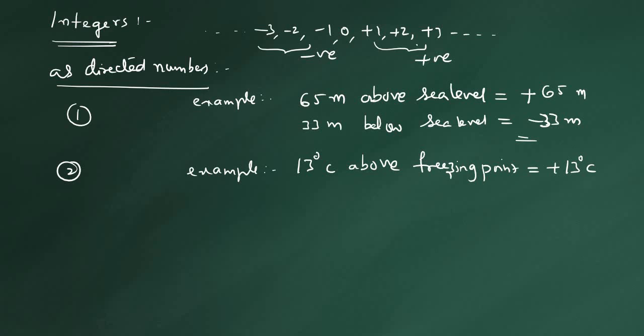For example, if you take a statement like 15 degrees Celsius below freezing point, that can be represented by writing -15 degrees Celsius.